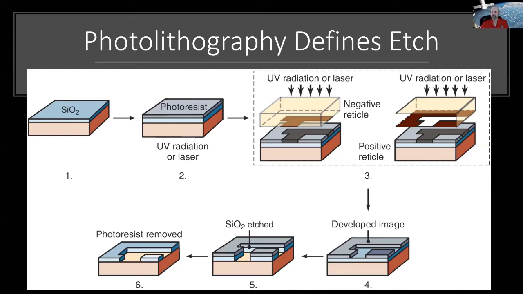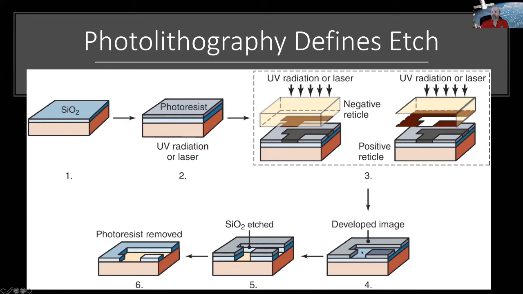Okay, so wherever the light is hit, right, this is the clear area on the mask, this is the chrome. So the light goes through the clear part, exposes the photoresist. That looks like the darker gray when it's been exposed, and you can actually see an imprint after exposure. Okay, so now you have a region that has been exposed and a region that hasn't.